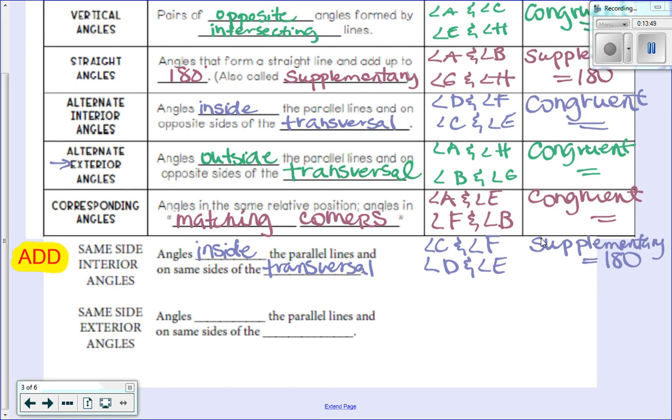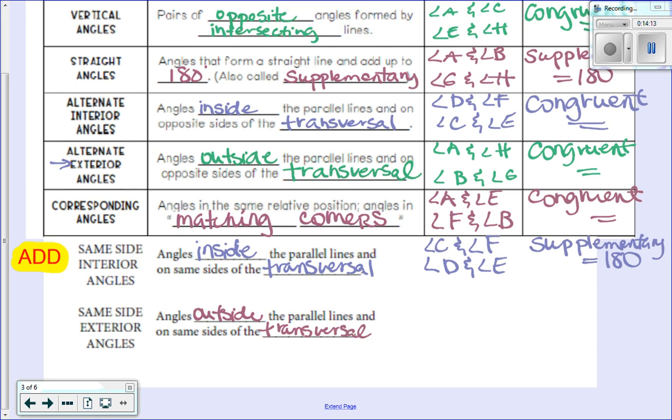One more. Same side exterior angles. Okay, so they're on the same side, but they are outside the transversal. So angles outside the parallel lines and on the same side of the transversal.